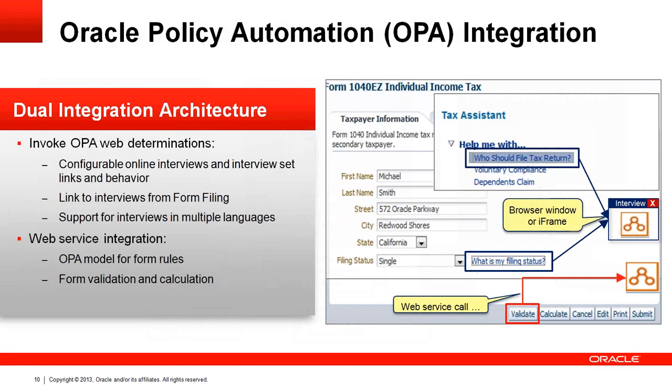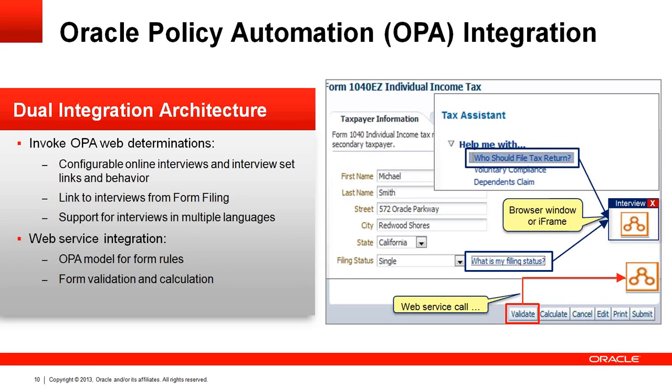When we redirect the user to the OPA Web Determination Server, this is where the interview actually runs. It can be done either in a new window or in an iframe inside the website itself, and that option is configurable.